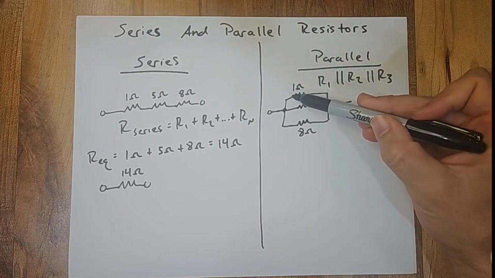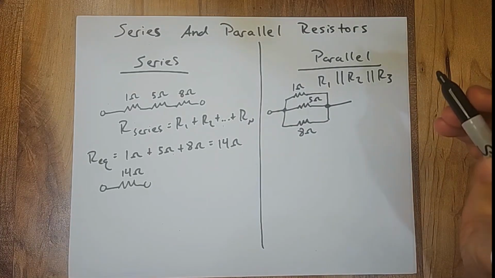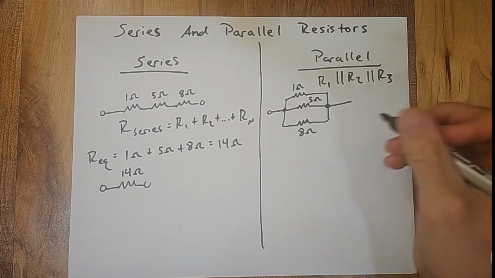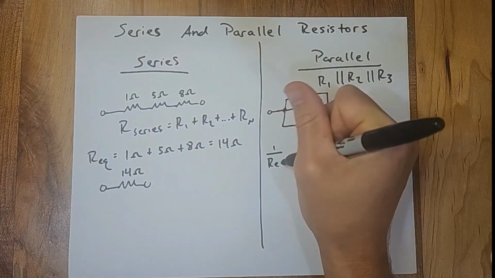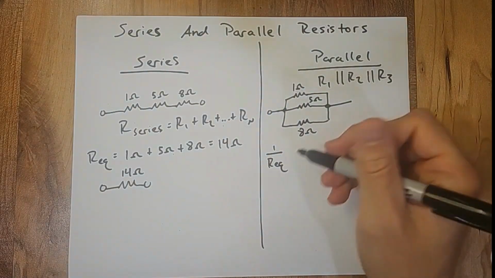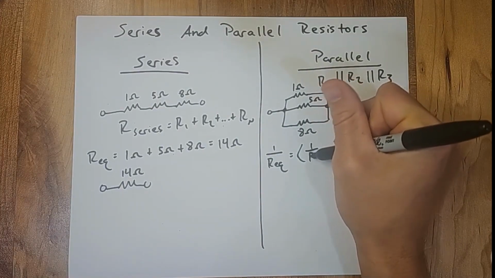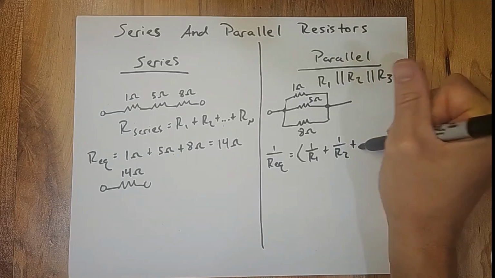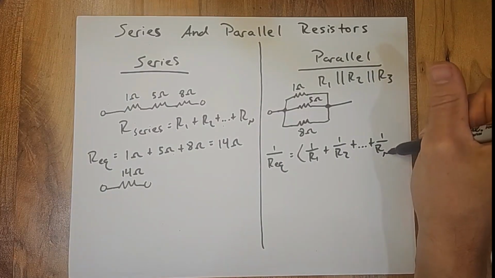So with these 3 parallel resistors, what's our resistance going to be? That's going to be a little bit more involved, but not by much. Anytime you have resistors in parallel, no matter how many, this is the basic equation. You can say 1 over your equivalent resistance, Req, is going to equal 1 over R1 plus 1 over R2 plus however many you got, all the way up to your nth resistor.